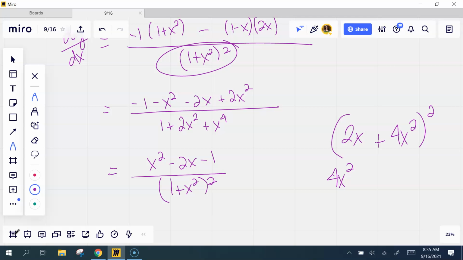Now double it. Square the last two. It's a backwards perfect square trinomial.